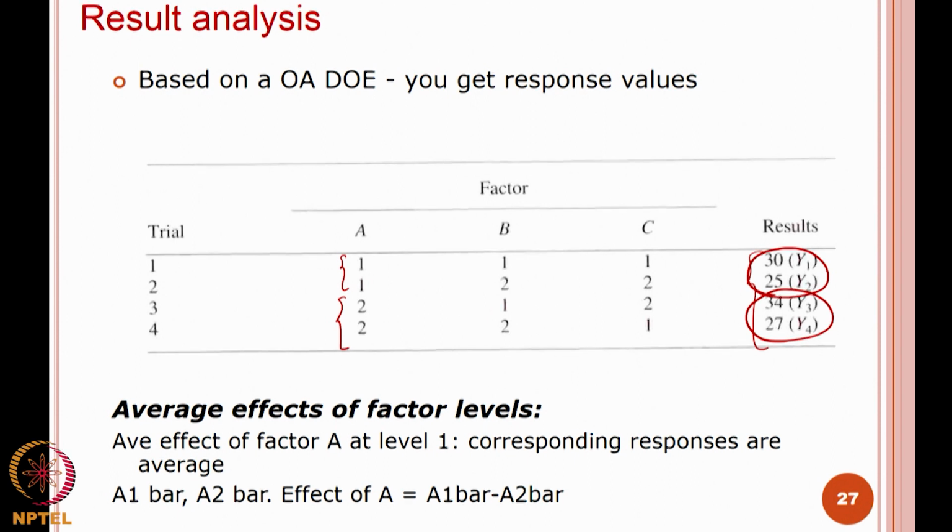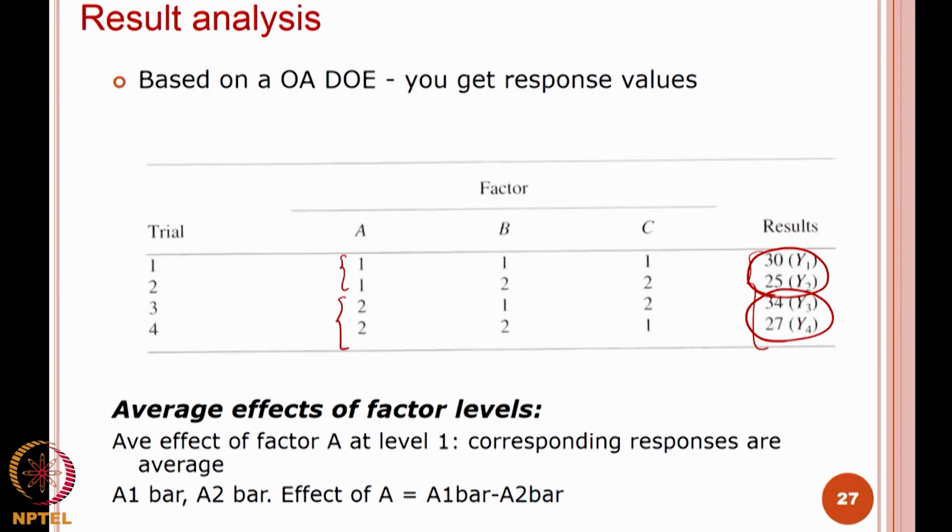So, number 1, the balance that we spoke about in terms of the columns and between the columns has a meaning. You are not biasing on a particular level, and you are not fixing the other two factors also, they are taking different combinations.